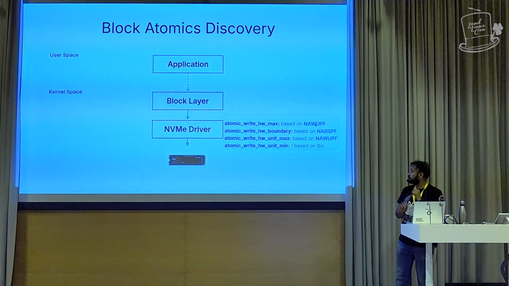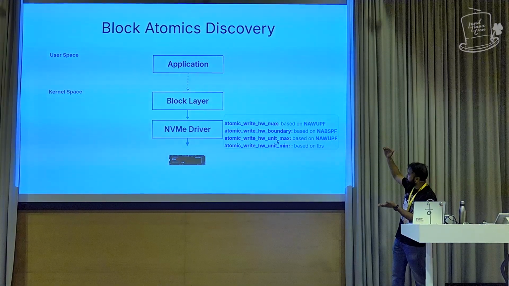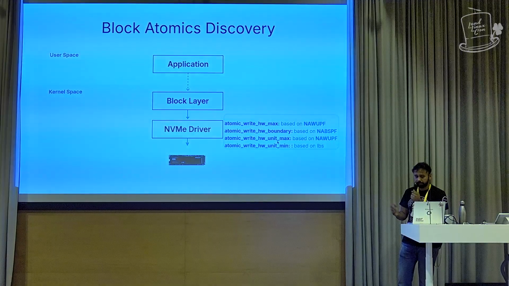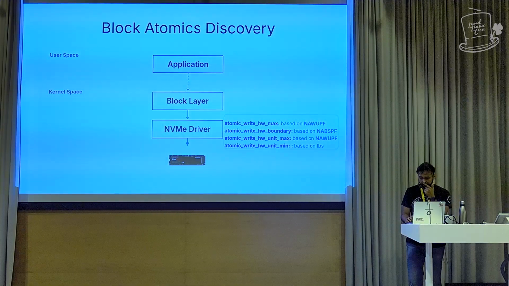But the basic idea is you use those two values to derive your boundary, and then you use the size to determine how large your atomic writes can be. The atomic unit minimum is based on your logical block size, because devices guarantee that the logical block size is atomic. That's sort of the guarantee they give.